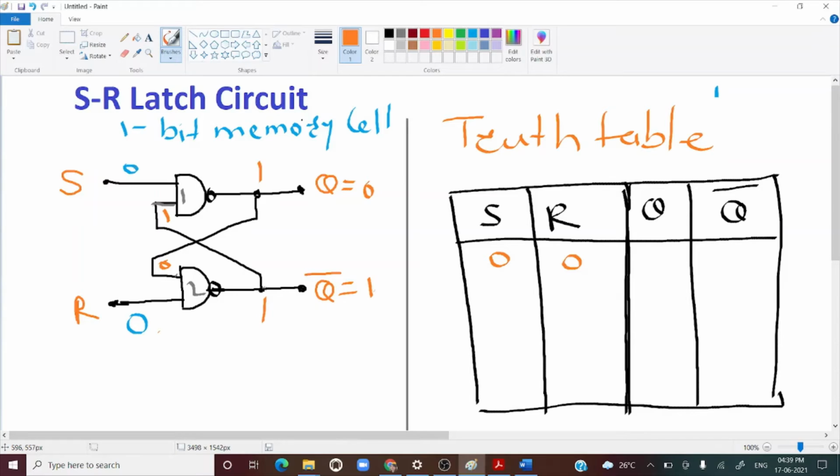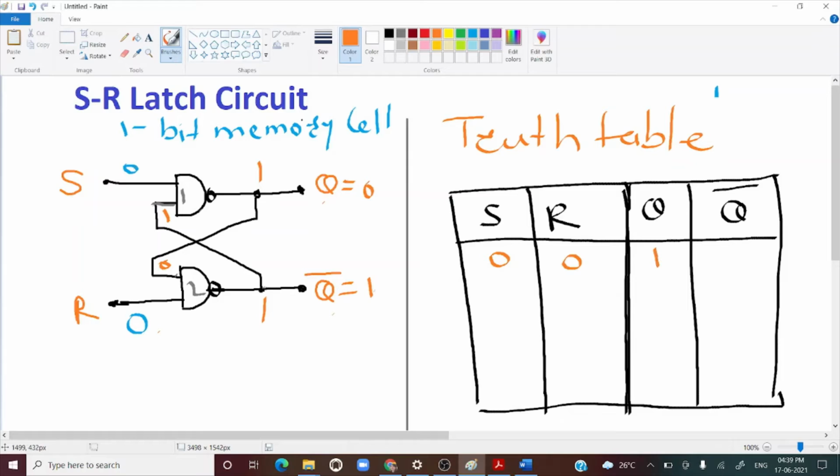And in flip-flops, we have these complemented outputs. We say that this is Q and this is Q bar, meaning these two outputs should be complements of each other, right? And if you're getting the values Q is 1 and Q bar is 1, then it is a forbidden state, right?